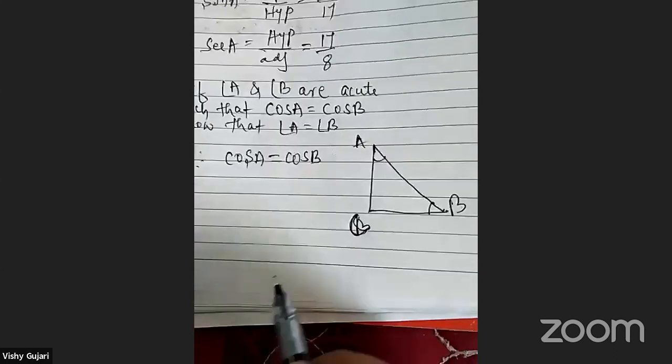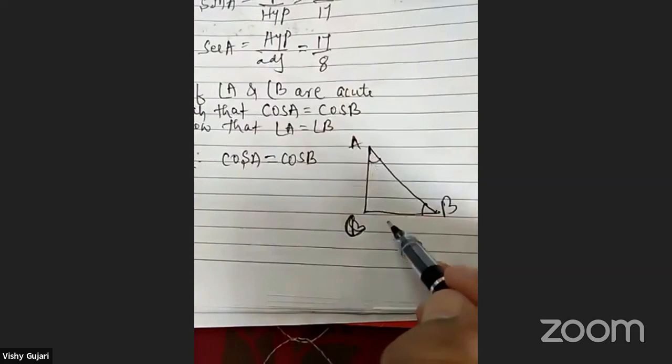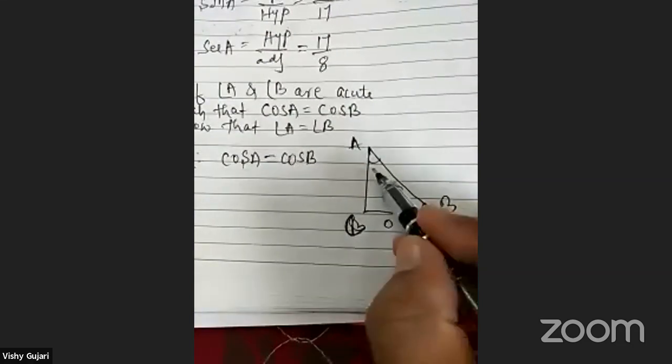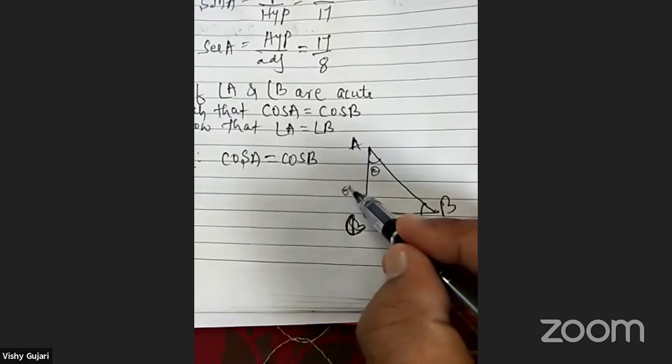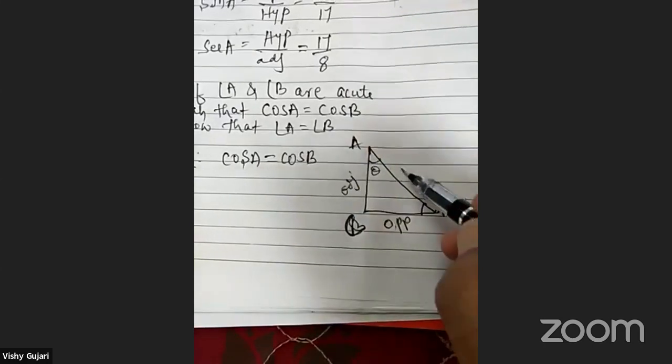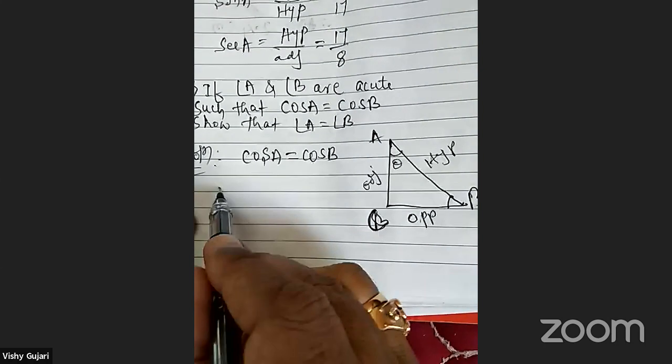If you are marking A, this will become opposite and this will be adjacent and this is hypotenuse.